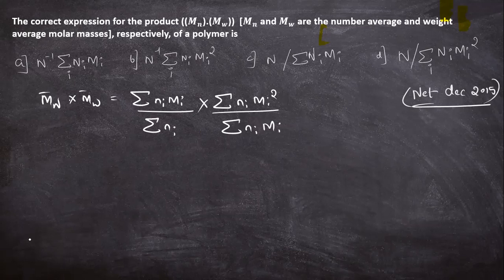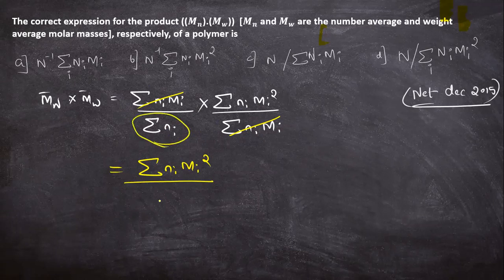Just cancel the summation of Ni Mi. So we have the summation of Ni Mi square divided by the summation of Ni.